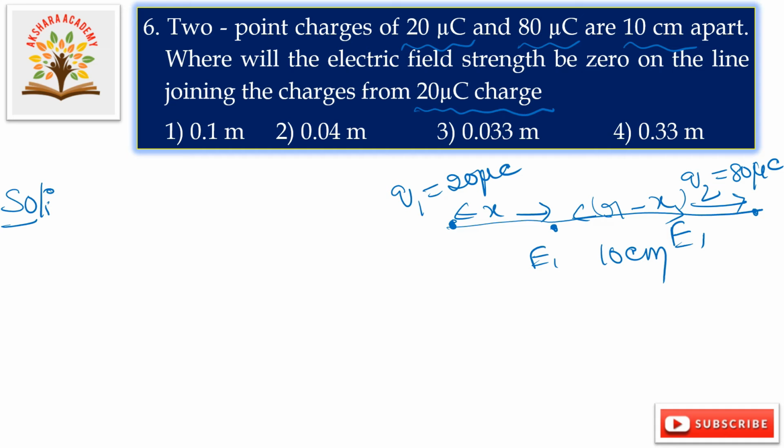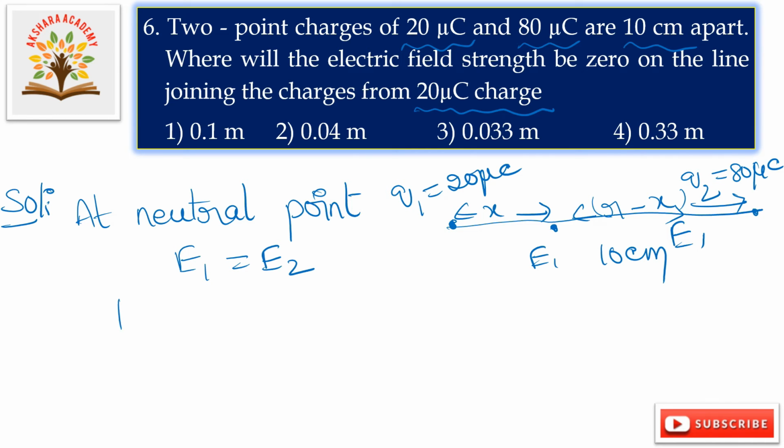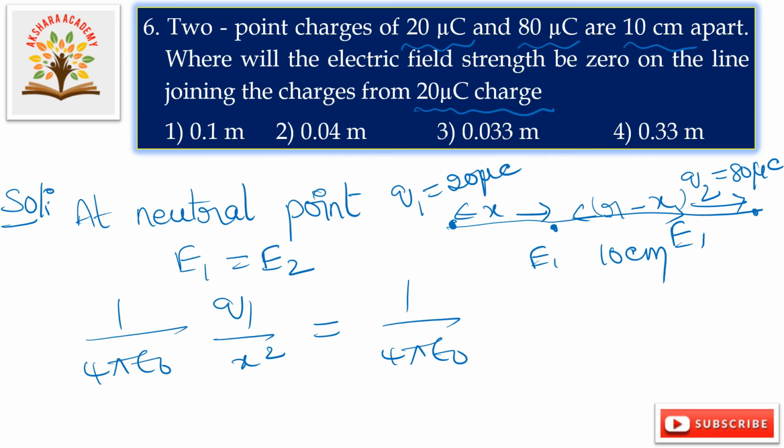Now at the neutral point, E1 is equal to E2. So E1, nothing but 1 by 4 pi epsilon naught Q1 by x square, is equal to 1 by 4 pi epsilon naught Q2 by r minus x whole square.